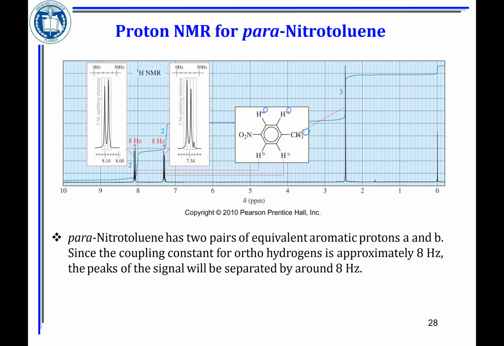Now, hydrogen C is called benzylic. Benzylic hydrogen is going to appear between 2 and 3. And that's what we have for benzylic. Hydrogen A and hydrogen B are called aromatic. And aromatic would appear at what position?